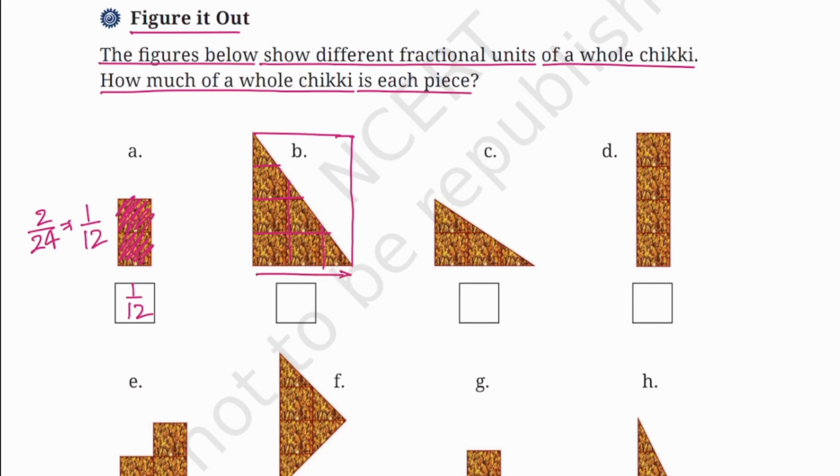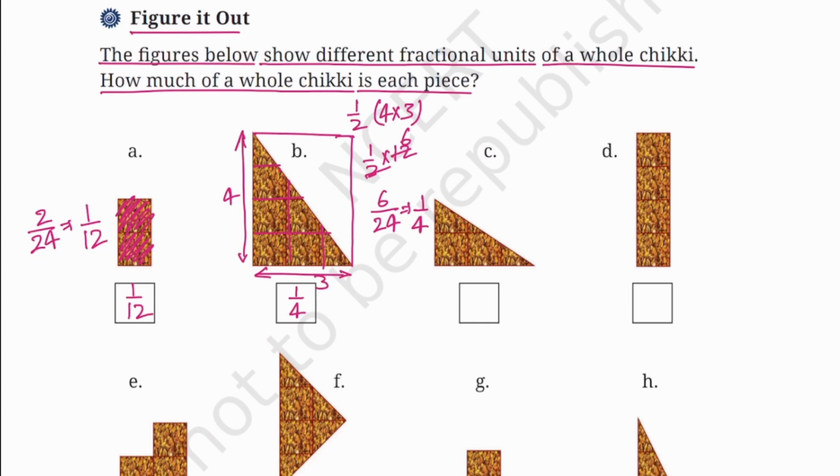Area of this rectangle will be 3 into 4, that is 12. Half of 12 will be 6. 6 pieces out of 24. That will be 1 upon 4.